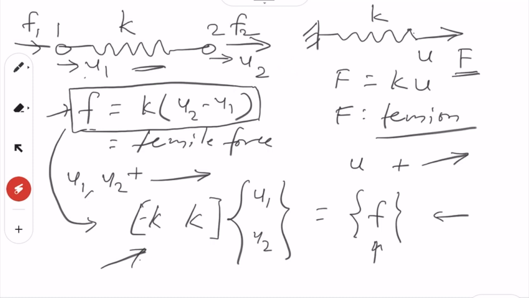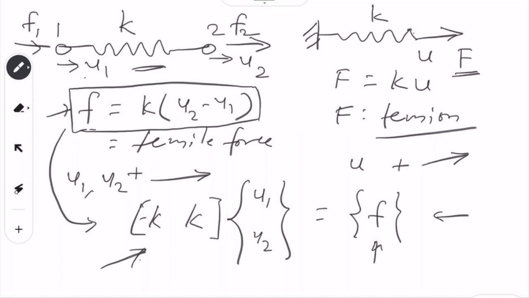Basically, if we have now introduced F1 and F2 instead of only one term F, then we have to write it differently.